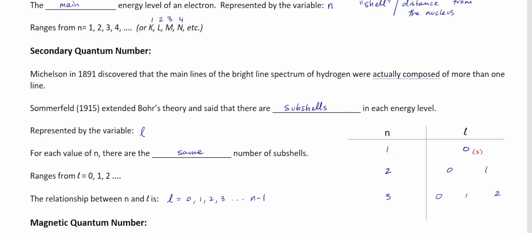The first energy level only has an S subshell, so it only has a spherical subshell. In the second energy level, it has an S subshell, but it also has a P subshell. In the third energy level, it has an S subshell, a P subshell, and also a D subshell as well.